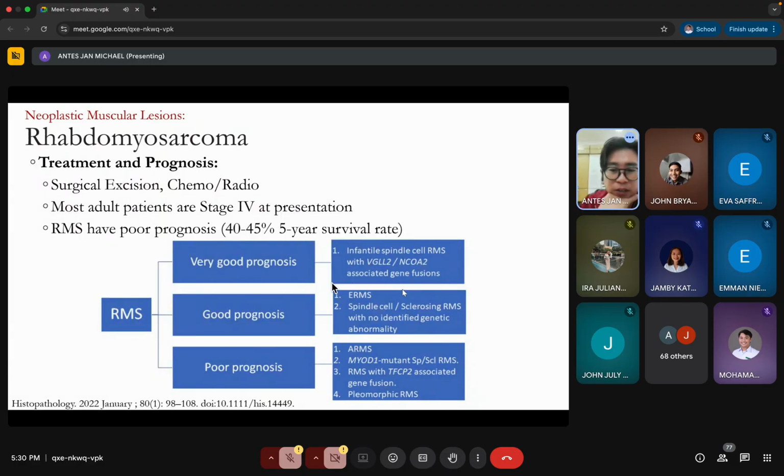As you can see in this flow chart right here, there are some other classifications that are not mentioned earlier. There are some subtypes of rhabdomyosarcoma that are classified according to the presence of gene mutations.